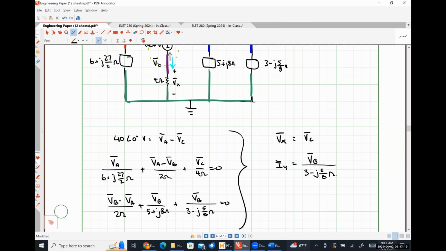I get that mesh is something that you guys are more comfortable with. So I just want to, I hesitate to say the word warn you. But I've already told you that I might give you problems like this where I'm asking you explicitly just to set things up, not to solve it, because you won't have a computer in front of you or anything like that. Seeing how uncomfortable you guys are with nodal analysis, I guarantee you I'm going to ask you to set something up using nodal analysis.